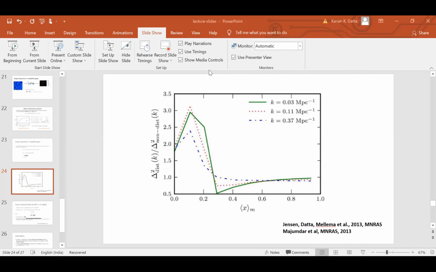So that's why it is very difficult to separate out the effect of Alcock-Paczynski and the redshift space distortion. So one can in principle study it, but it's a higher order effect.